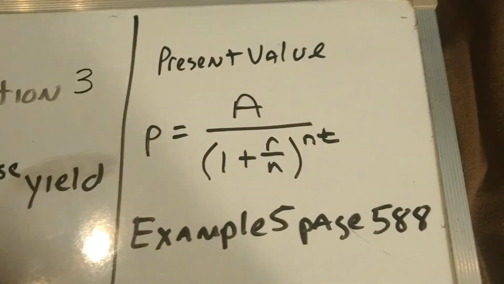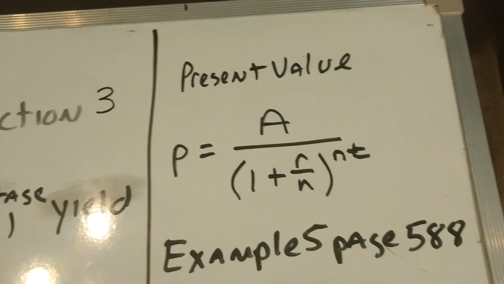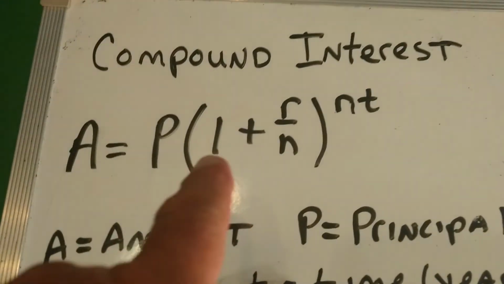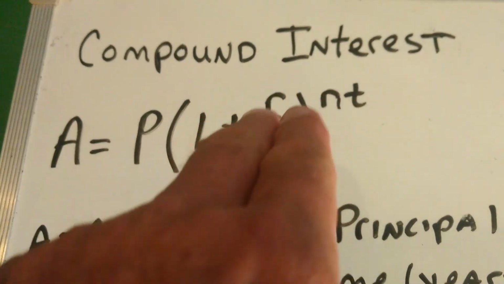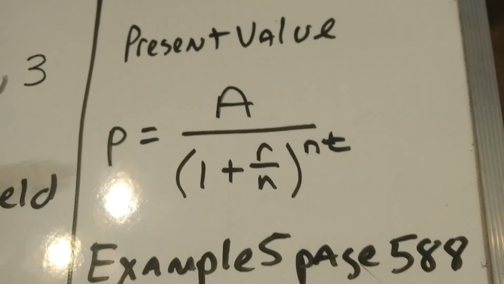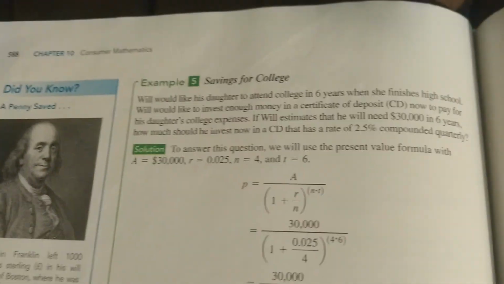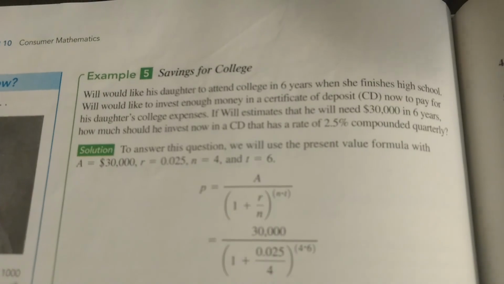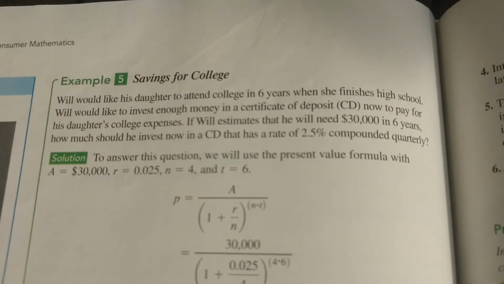Now we go to present value, and present value really is the same formula as compound interest. The only thing we did was we took this 1 plus R divided by N to the NT power and divided it over. So this is the same formula. This is example 5 on page 388. And it says here that Will would like his daughter to attend college in 6 years when she finishes high school.